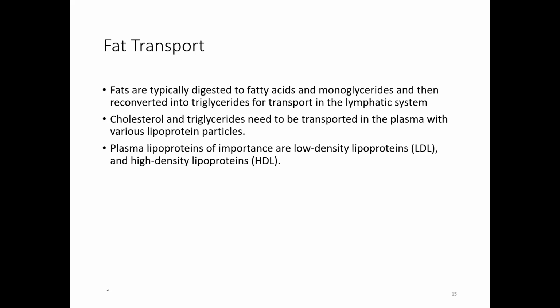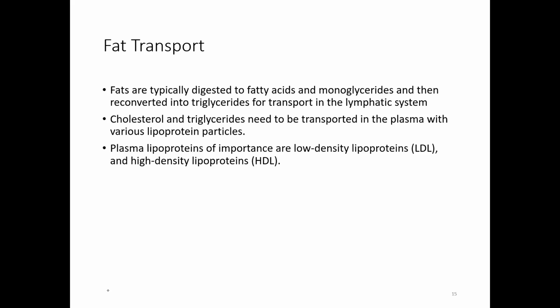And so we can transport triglycerides in the lymphatic system. Now, cholesterol has to be returned. Okay, what do we do with it? When it's in the lymphatic system, where's it going to go? It's going to go through the lymph nodes and it's going to return to the plasma.